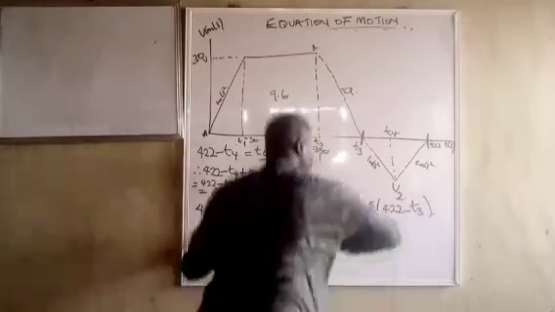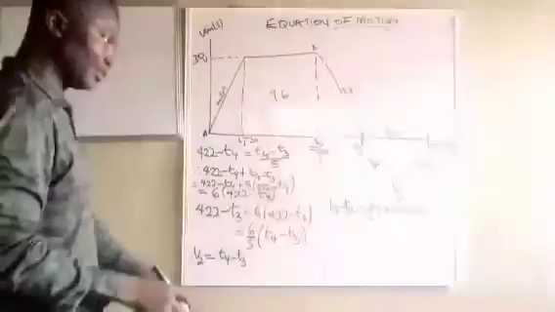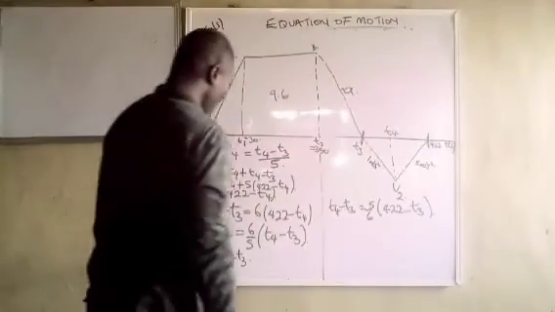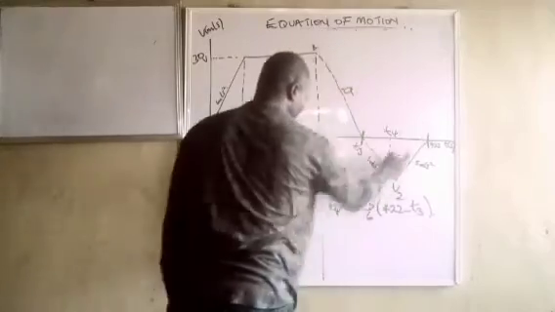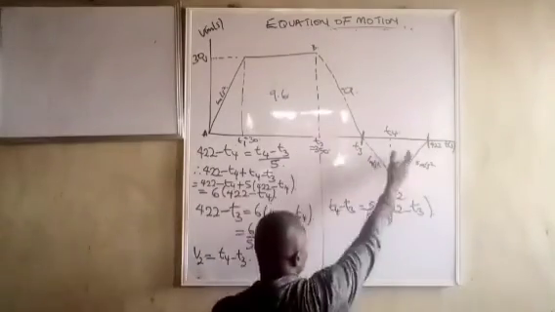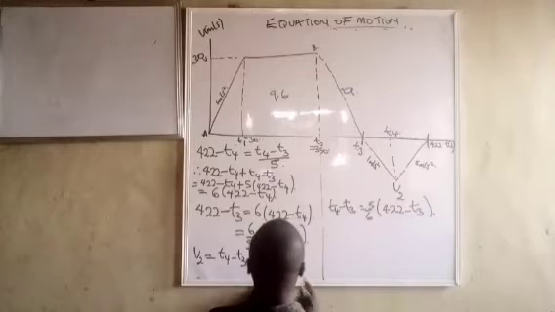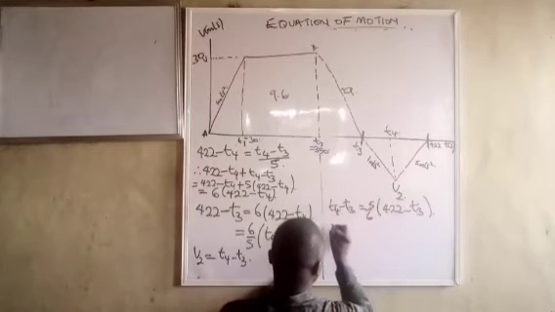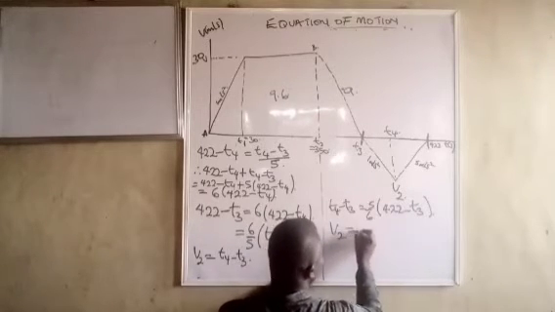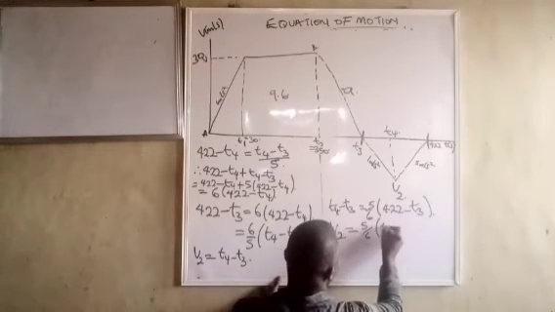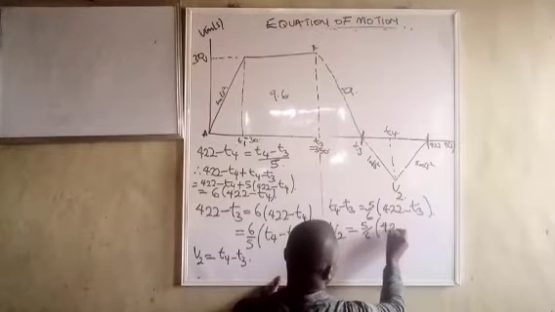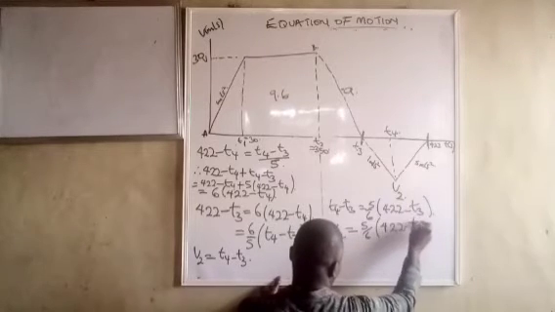It's something you could have gotten straight, but to be clear to everybody, that's why I got it this way, because of the ratio. This one will be 5 and this is ratio 1, so the total will be 6. Now our V2, we have established, is going to be 5 over 6, 422 minus T3.